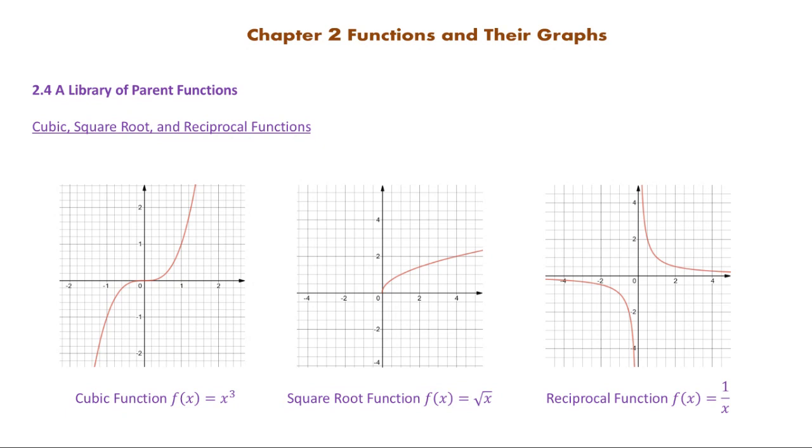So this is the shape of the reciprocal function. We just plot the graph of those functions so that you have some idea, some image of how the curves look.